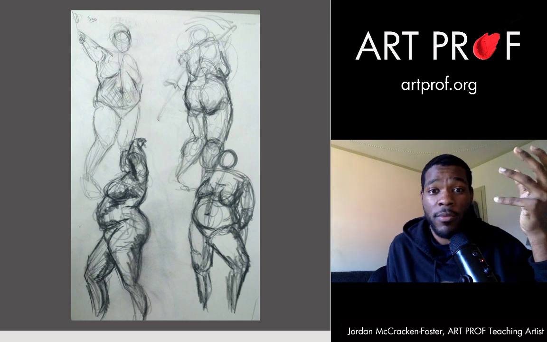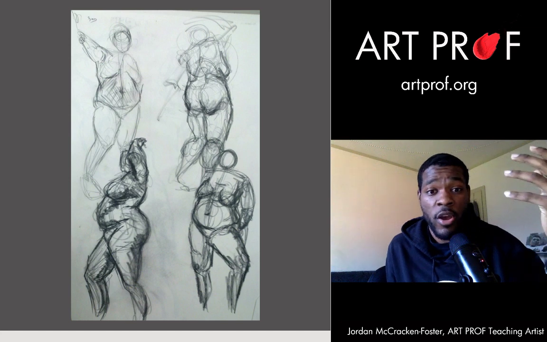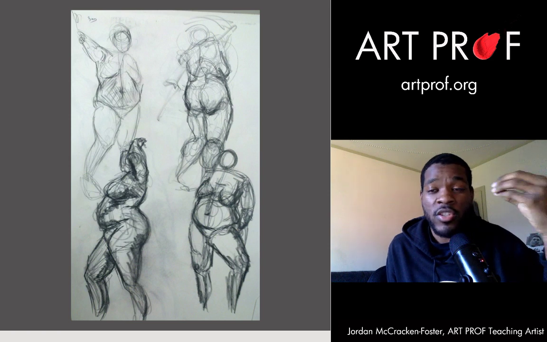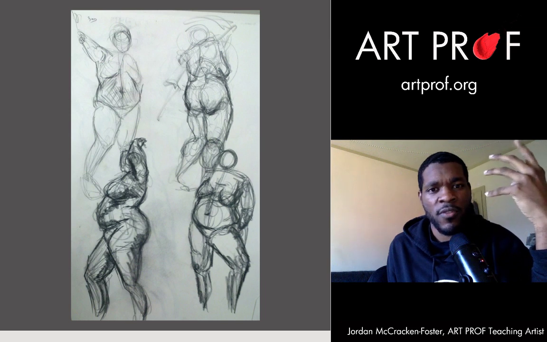I also liked the fact that we drew a model who had a different body type, who was a little more heavy set, because oftentimes when you're doing figure drawing, you will get models that are very similar, and this is just a reality of it.